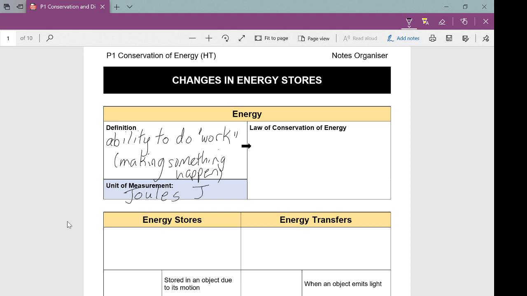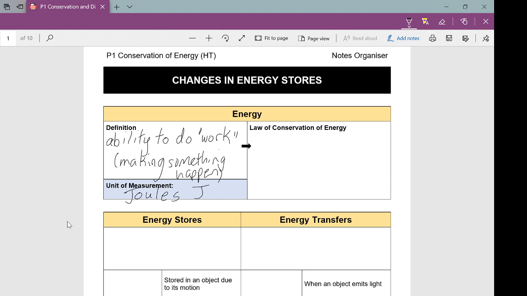If this law didn't exist, if we were actually able to make energy out of absolutely nowhere, the world would be completely different. The electricity that we use, we wouldn't need any more energy resources for it. Things like that. But unfortunately, there's no such thing as a free lunch in physics.